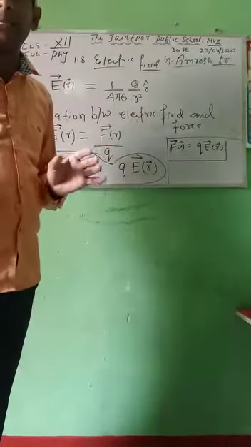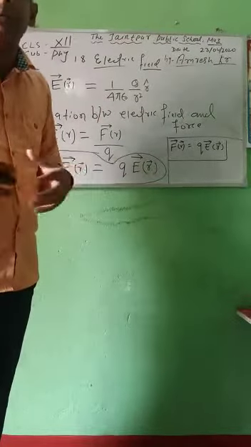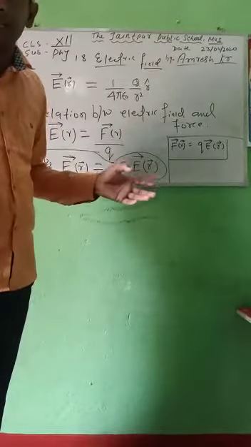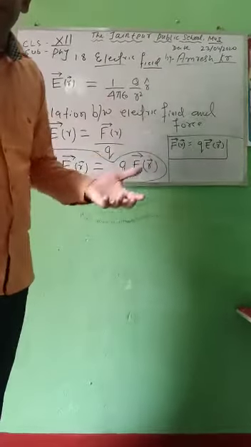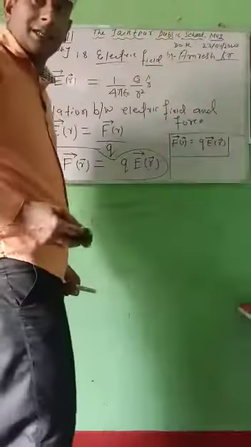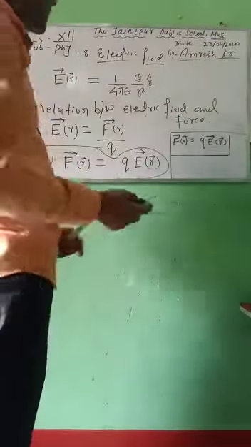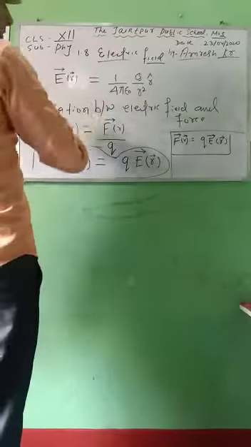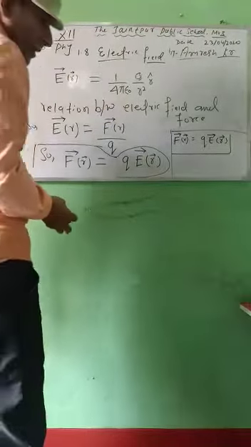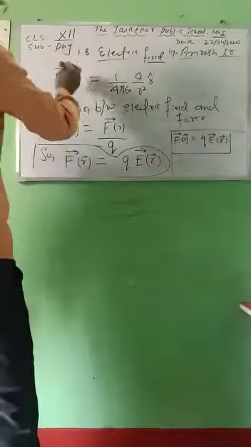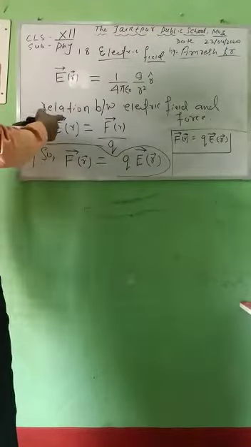Suppose that a test charge is surrounded by many source charges, so what will be the net electric field on it? So now I am going to discuss the net electric field upon a single test charge. Electric field due to a system of charges. So I am going to clean the board.